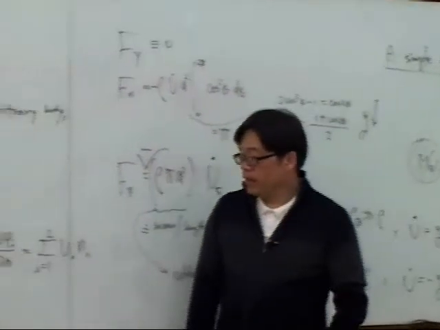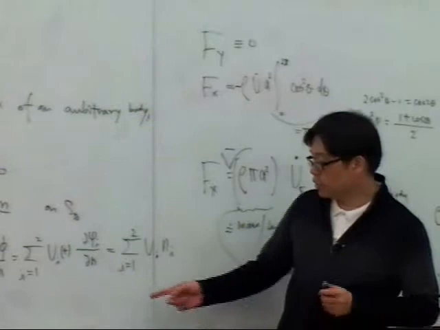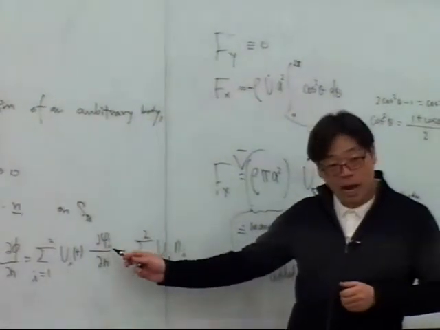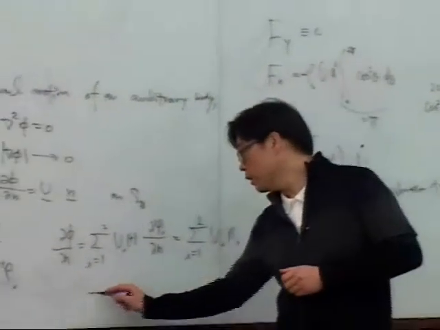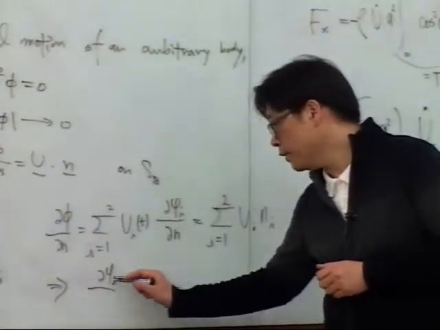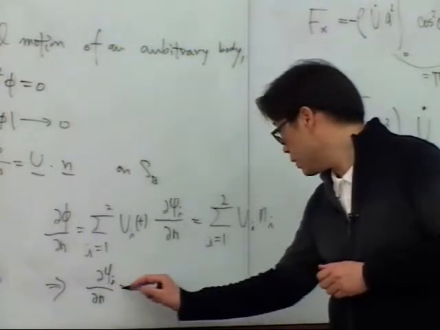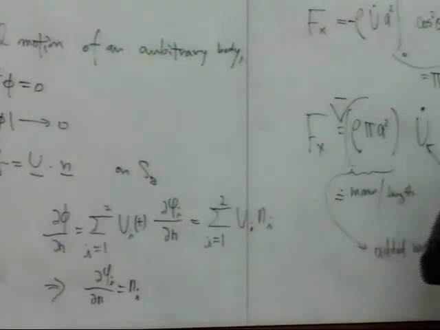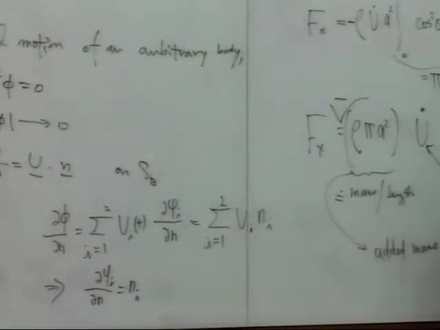And then, as you can see from here, the boundary condition for φ_i, this implies dφ_i/dn is n_i. Okay?